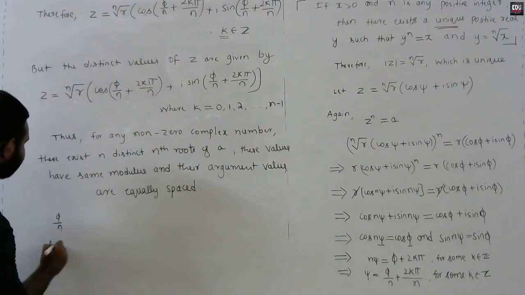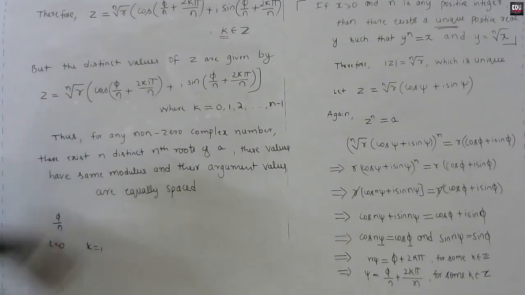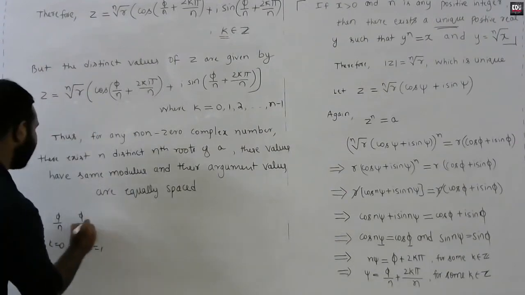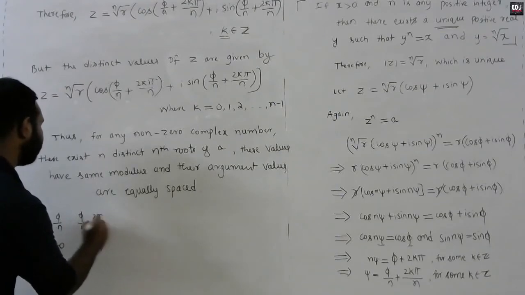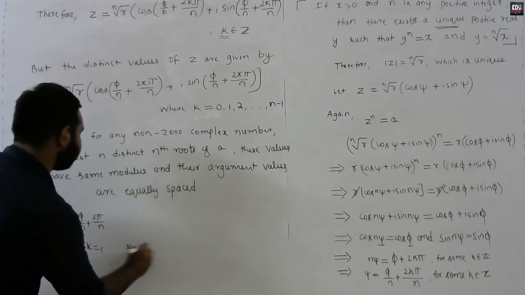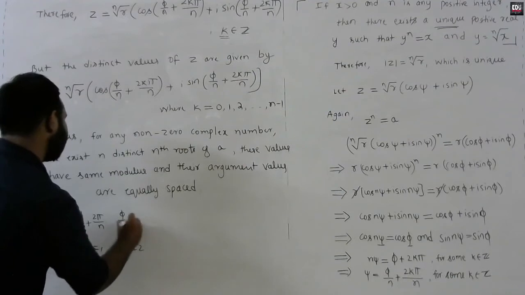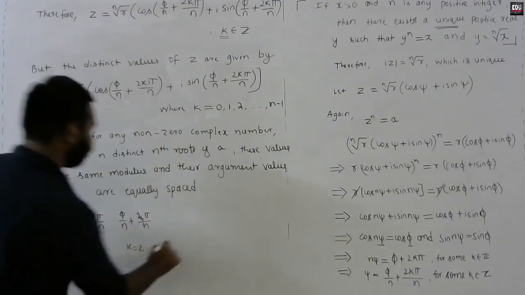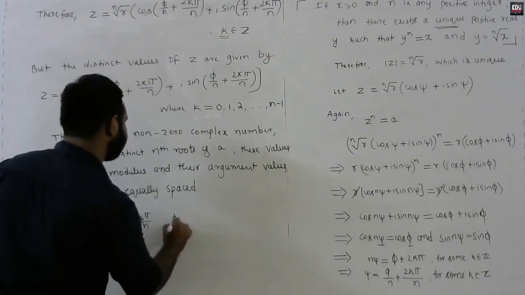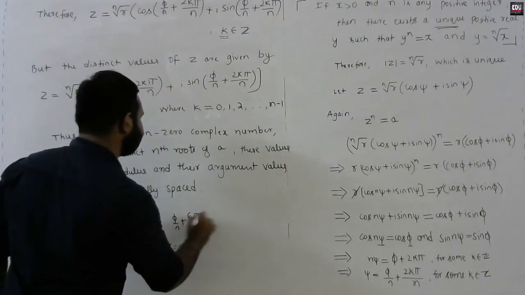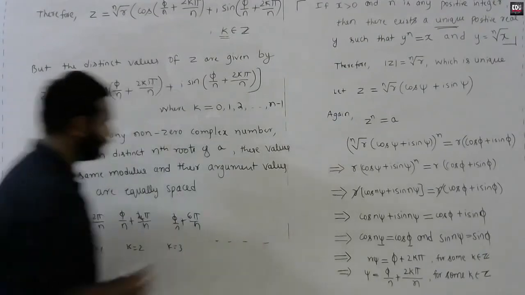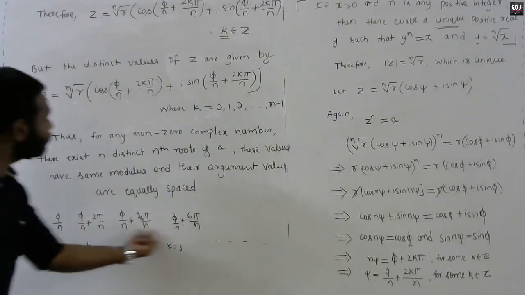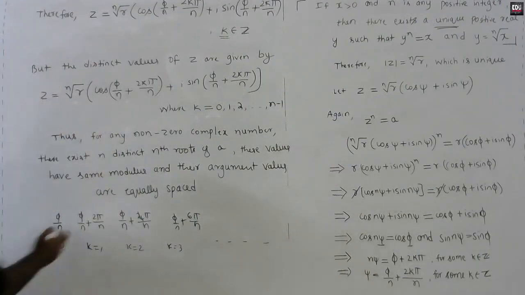For k equal to 1, it is phi by n plus 2 pi by n. For k equal to 2, it is phi by n plus 4 pi by n. For k equal to 3, it is phi by n plus 6 pi by n. So the argument values of these complex numbers are equally spaced.